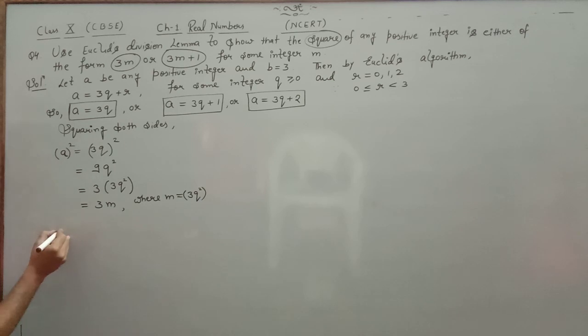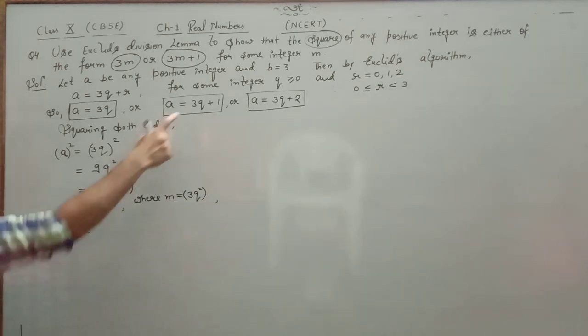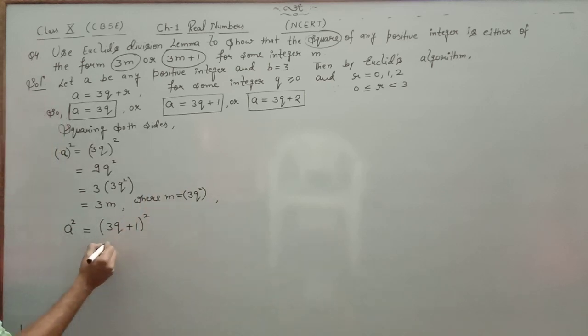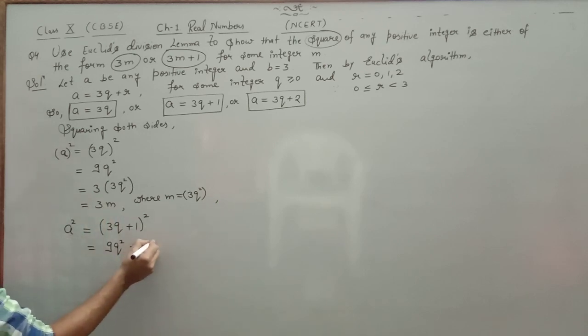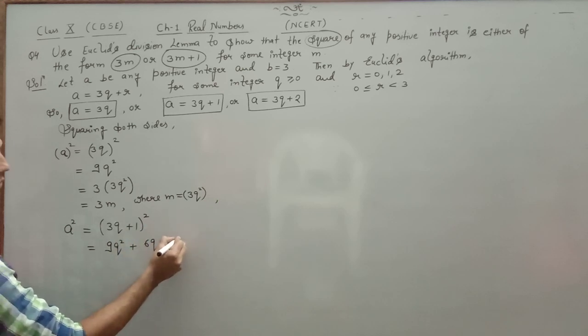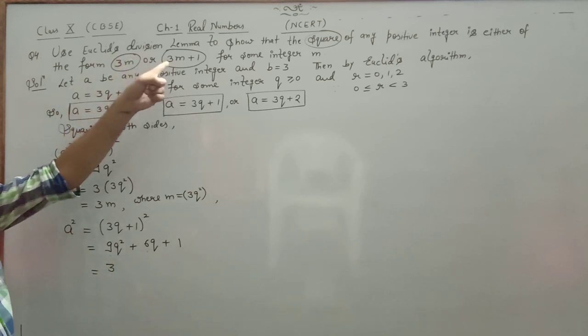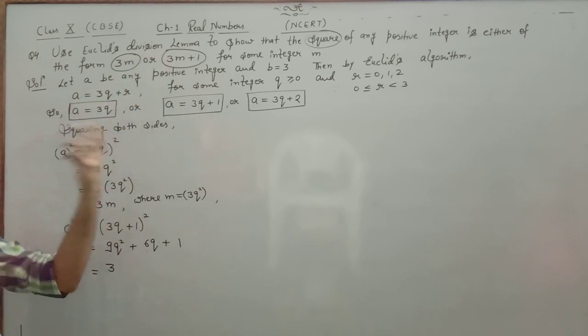Okay. Point number 2. a square is equal to 3q plus 1 whole square. a plus b whole square is a square plus 2ab plus b square. So 9q square plus 2 into 3, 6q, plus 1 square, 1. Now see here, 3 is common. Yes, q is also common, but according to this question, we have to take only 3 as common.